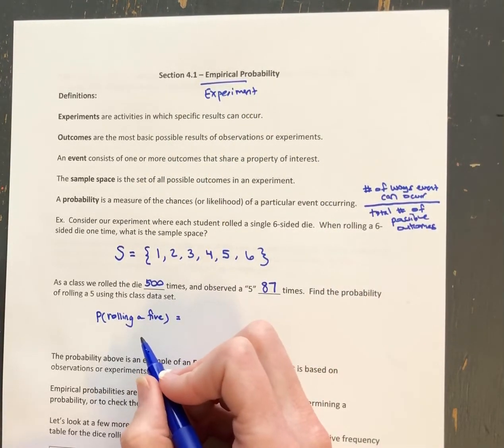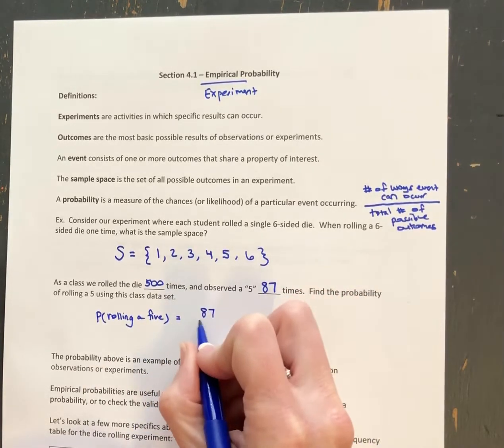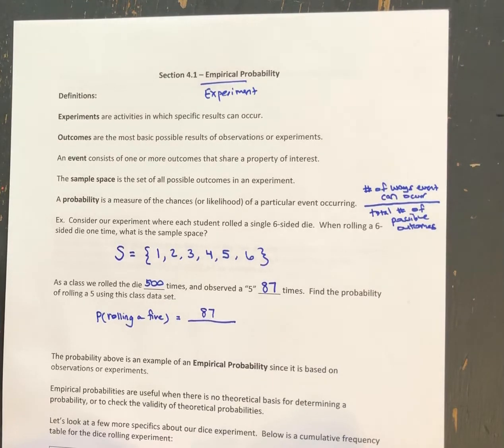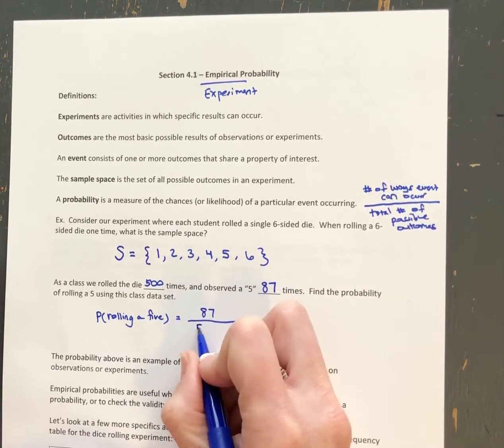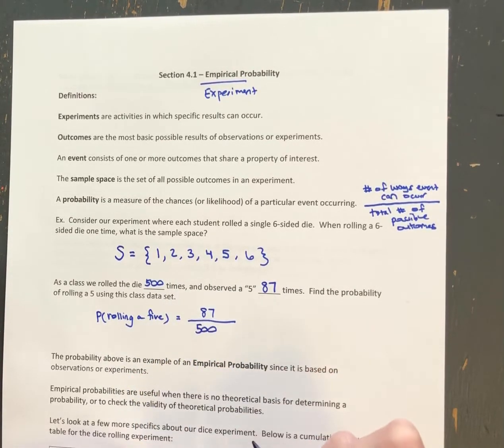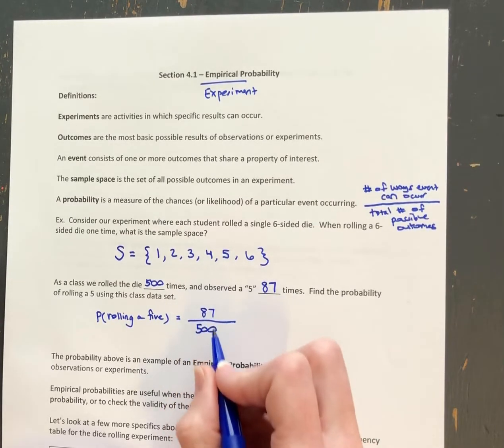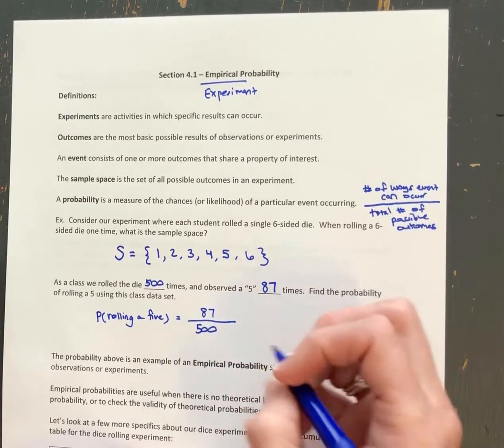So when we roll a 5, we observed 87 5s. We rolled the die 500 times. And so to estimate the probability of rolling a 5, we would take the number of 5s that we got out of the total number of dice rolls.